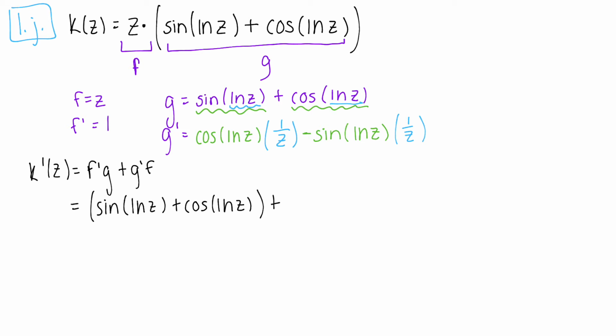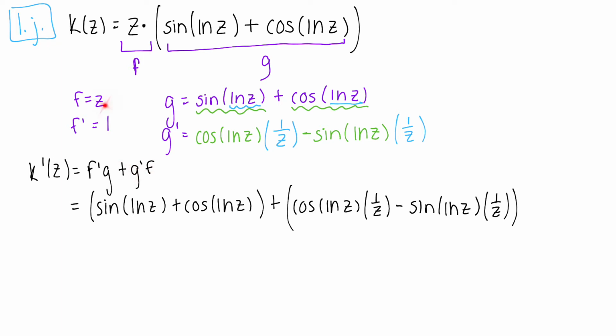Plus g prime is cosine ln z times 1 over z minus sine of ln z times 1 over z. So that's the g prime part, and then f is z.